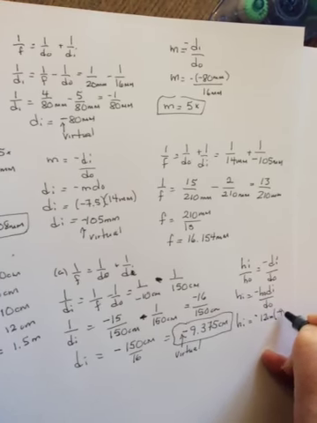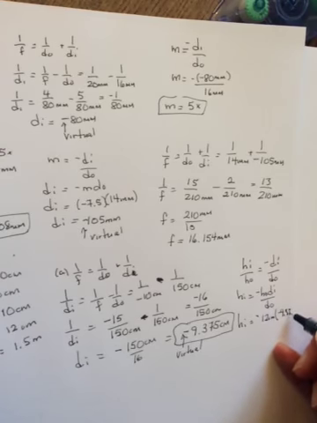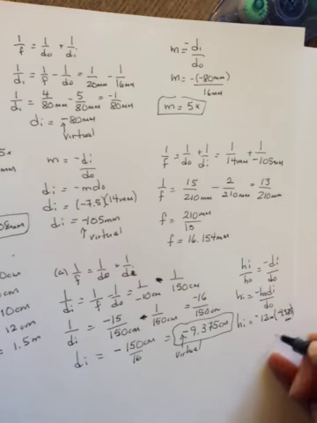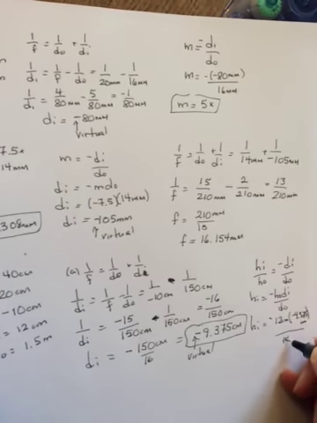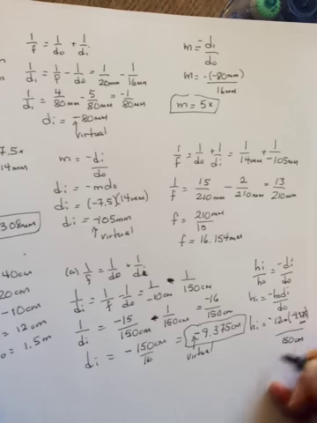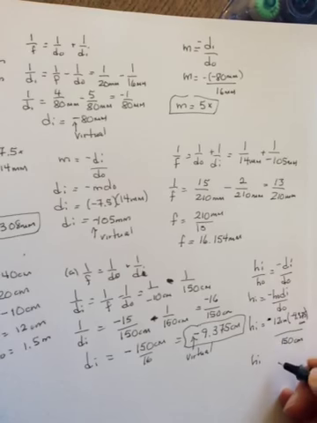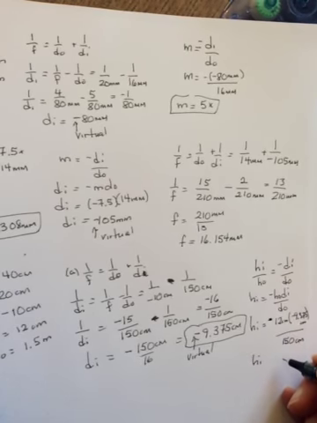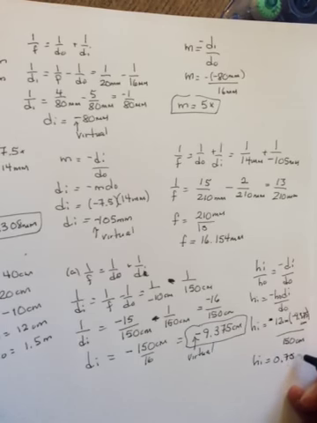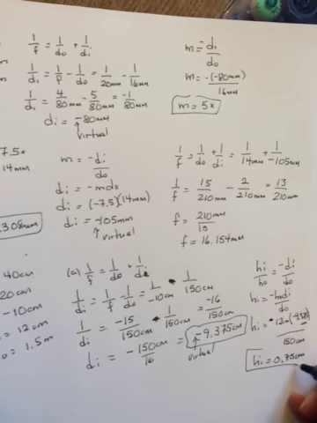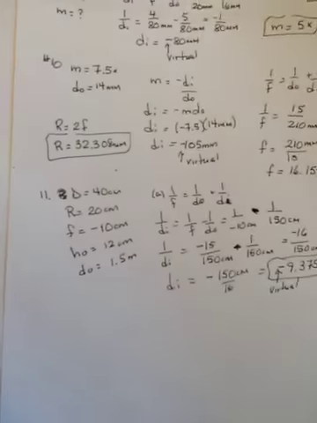We just found this to be negative 9.375. And the DO was 150 centimeters. So the HI is going to work out to be a positive because of the two negatives. And it works out to be 0.75 centimeters. Tinier because it's a convex mirror.